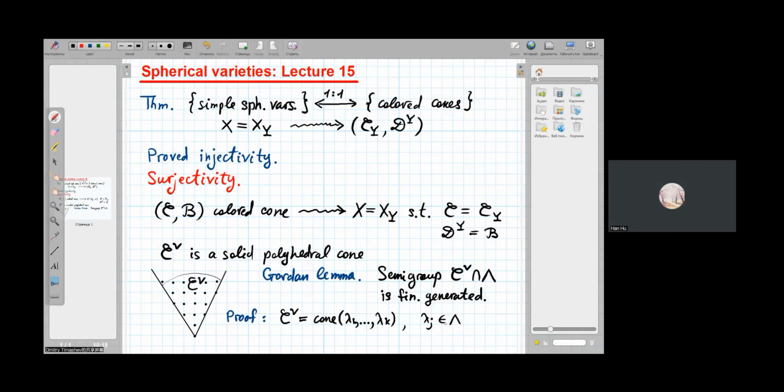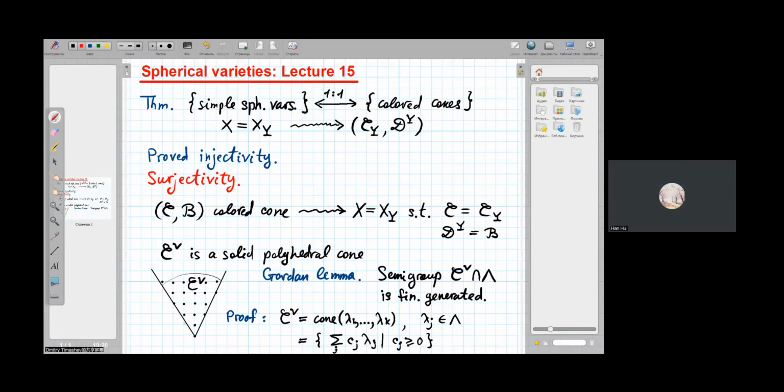Okay, so this cone is generated by finitely many lattice vectors, and precisely this means that it is the set of all positive linear combinations of these vectors, the sum over j of c sub j lambda sub j, where the c j's are non-negative rational numbers. Maybe it would be instructive to draw these vectors on the picture.